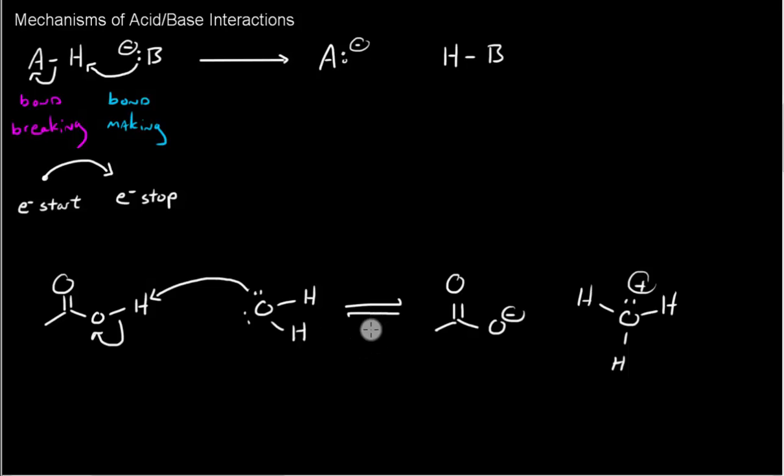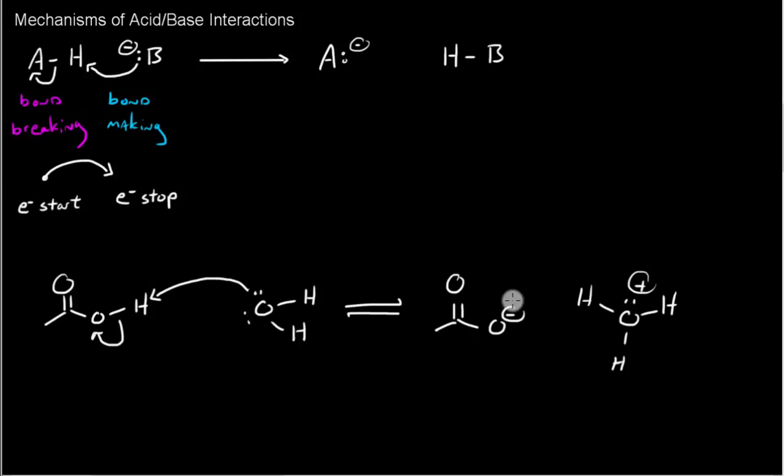Okay, and so now let's pretend that if we were to go from these products, if we were to try to remake the starting material, how could we draw those arrows? Well, if you think about this molecule right here, this is the conjugate base of the carboxylic acid, and to go from left to right, it has lost a proton. So now that we're going to go from right to left, we're going to have to try to regain that proton for the carboxylic acid.